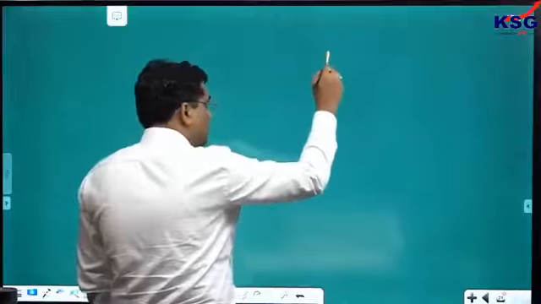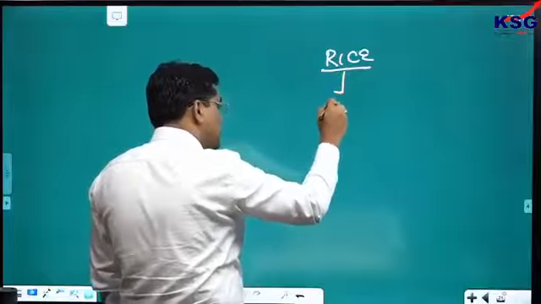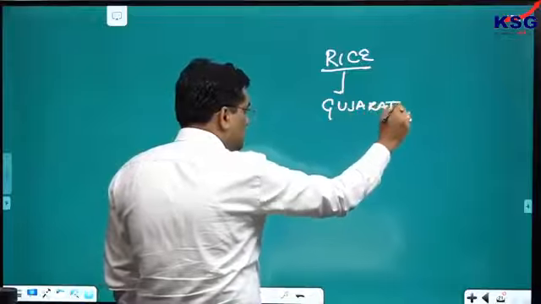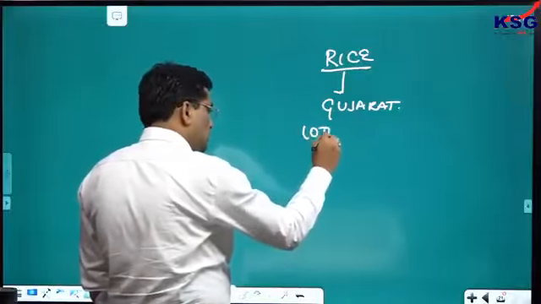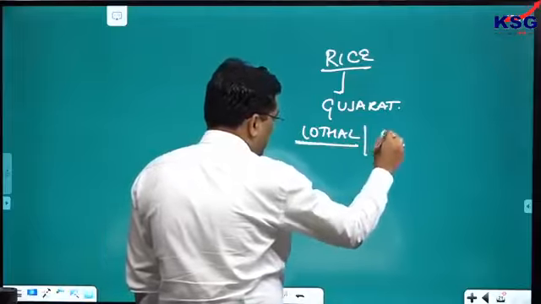Rice found mainly from the Gujarat area. There are two Harappan sites in Gujarat. One is called Lothal, which we will study, a very excellent site. Lothal and Rangpur.